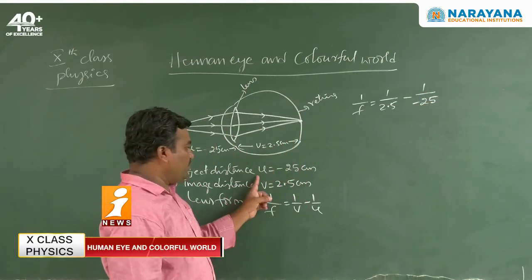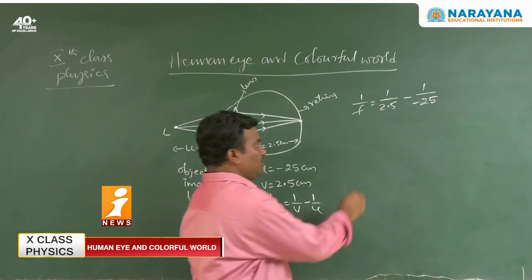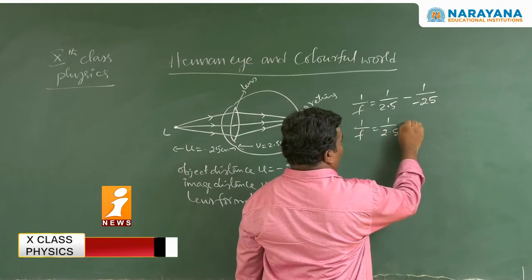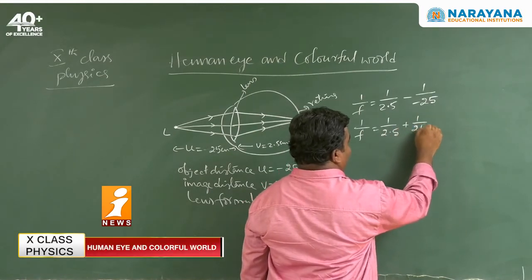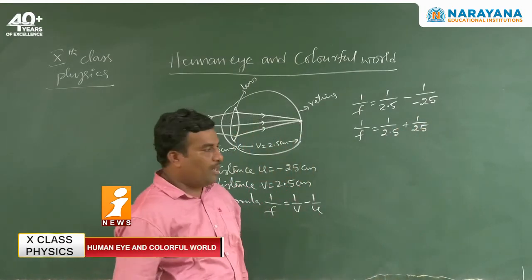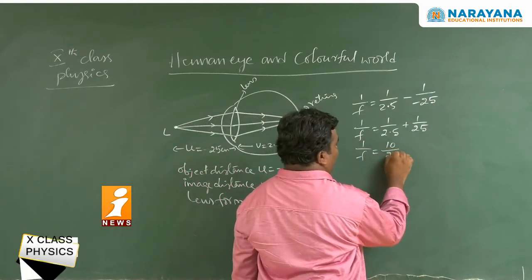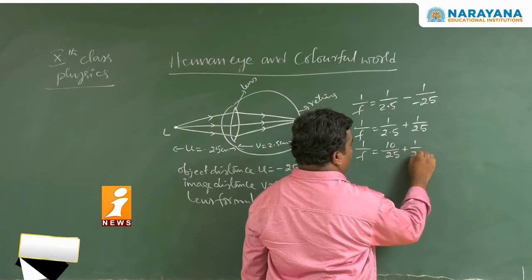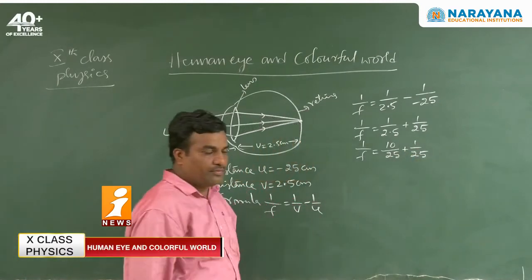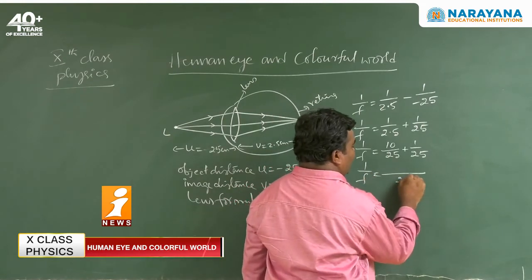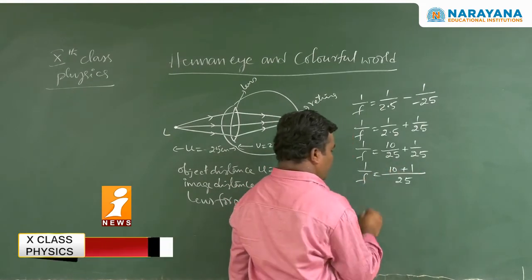Okay. So it is the object distance, it is the image distance. 1 by f is equal to 1 by 2.5 plus 1 by 25. Now I am writing here 1 by f is equal to 10 by 25 plus 1 by 25. 1 by f is equal to, taking the LCM 25, 10 plus 1.